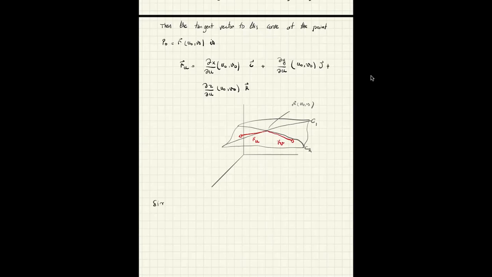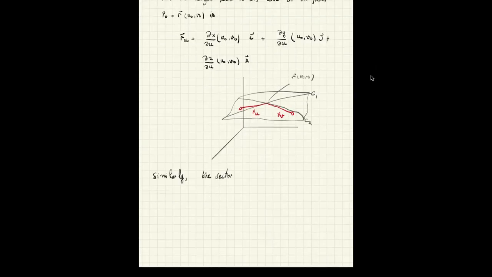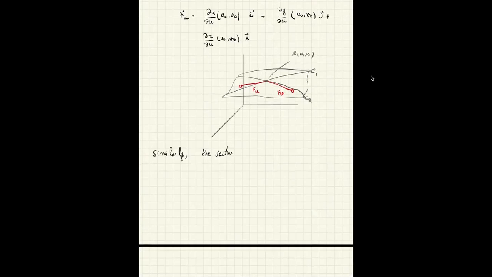Similarly, the vector r_v is equal to ∂x/∂v (u0, v0) i plus ∂y/∂v (u0, v0) j plus ∂z/∂v k.